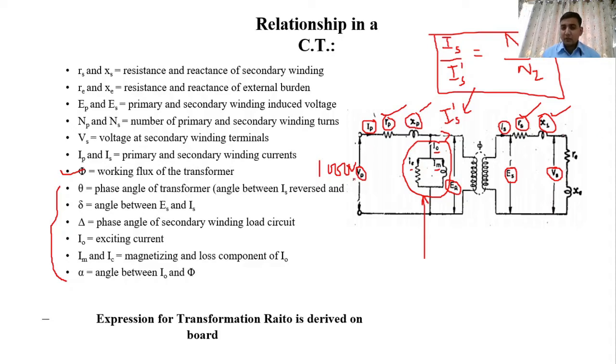Then there should be some voltage drop across RP and RS. Assume it to be 10 volts. Now EP, which is our induced primary voltage, will be 990 volts.